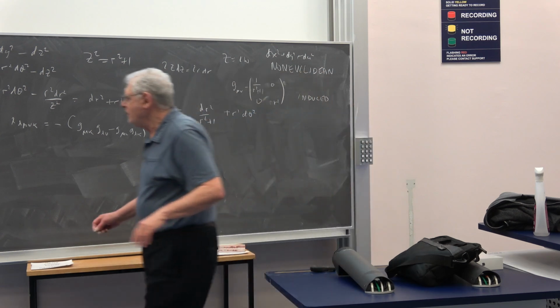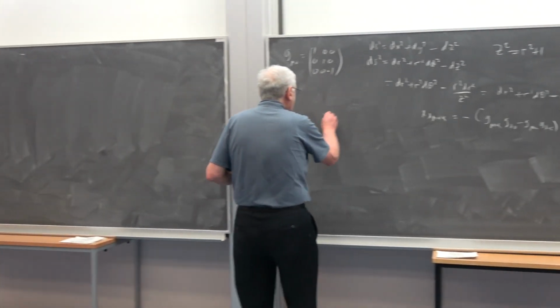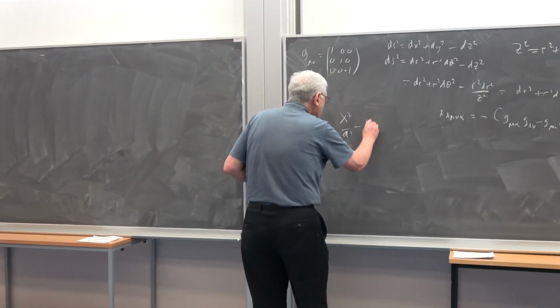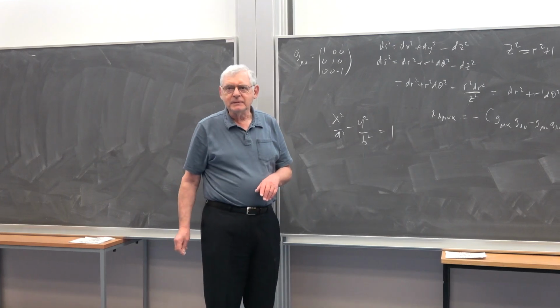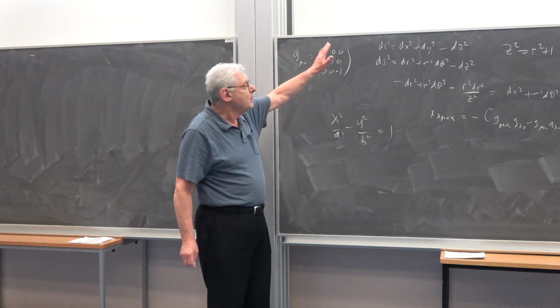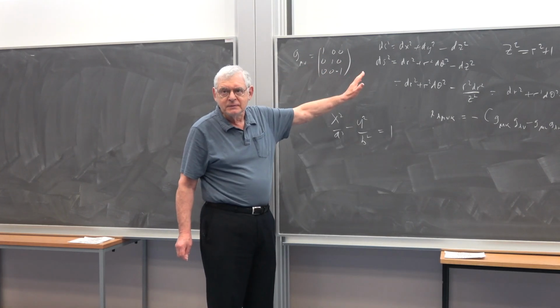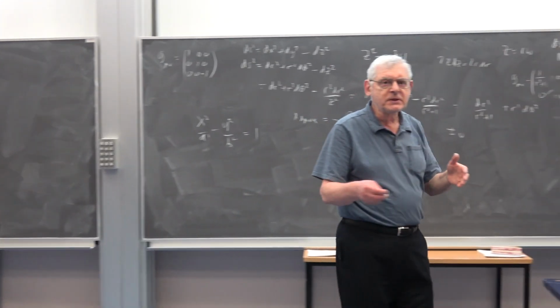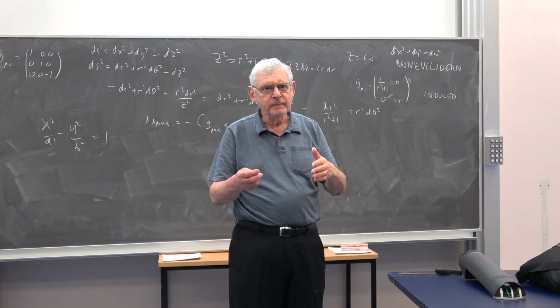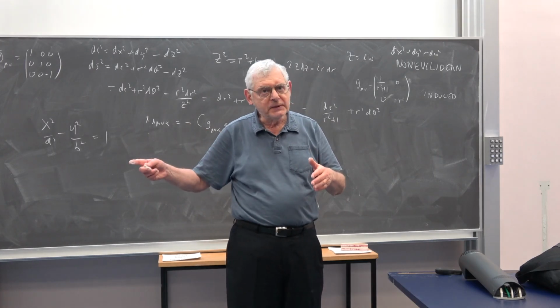Because you've seen before x squared over a squared minus y squared over b squared equals 1 is a hyperboloid. So this is just a hyperboloid in one higher dimension. It's only when you try to assign a signature to it that you discover that hyperboloids have to have a relative minus sign.